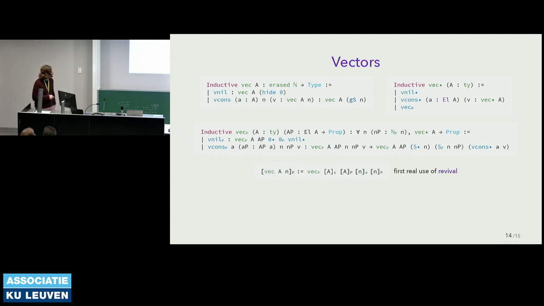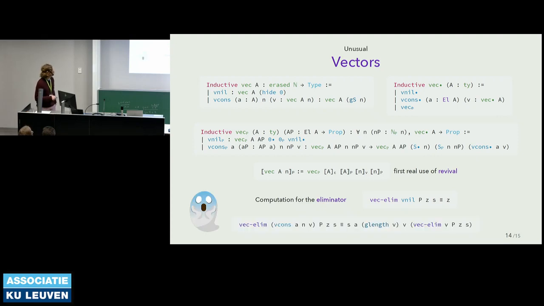Okay, and now we see actually why we need to have some revival. It's because the n needs to be reconstructed somehow. And in this model, you can also validate, of course, the computation rules for the eliminator. Except that I have some weird rule for the cons case.